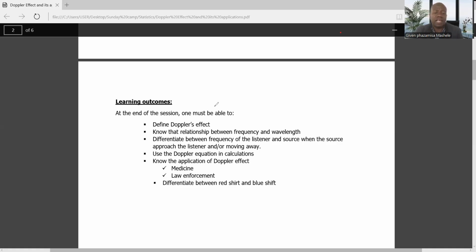You must also be able to differentiate between the frequency of the listener and the source, when the source is approaching the listener or moving away from the listener.